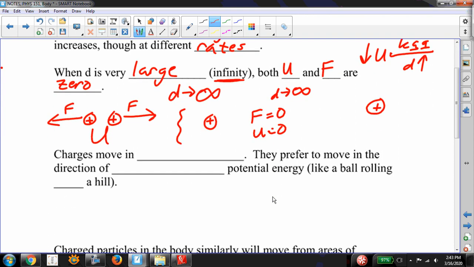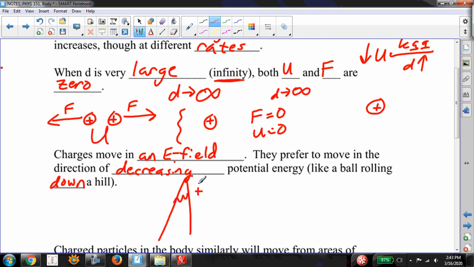Charges will move in an electric field. They prefer to move in the direction of decreasing potential energy, like a ball rolling down a hill. Now we talked about this before. I like to think of a mountain, and if I have a positive charge, it will move in that direction.